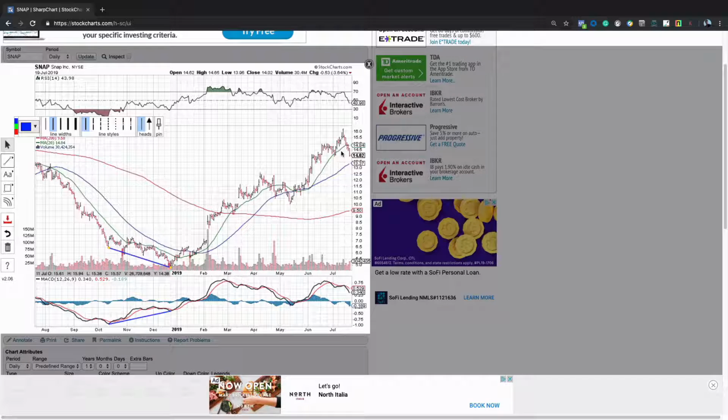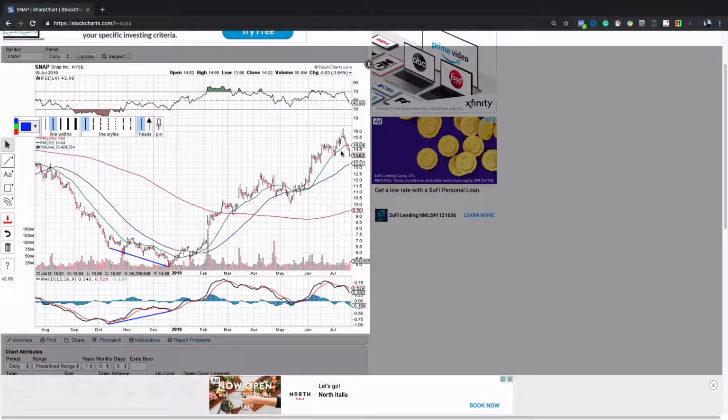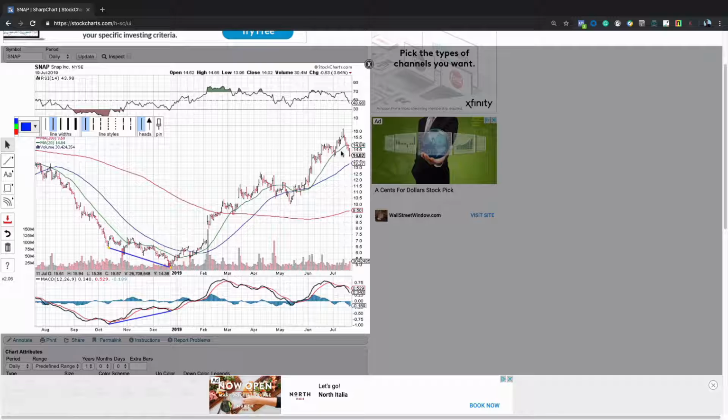The 50-day simple moving average has 50 days of data, and the 20-day has 20 days of data. So the shorter amount of data it collects, the faster it moves, and the closer it is to the trend.